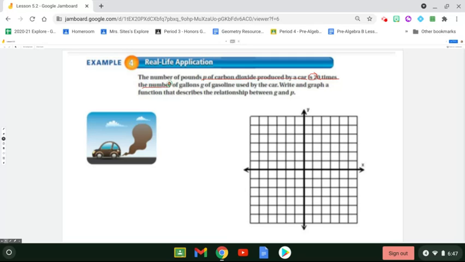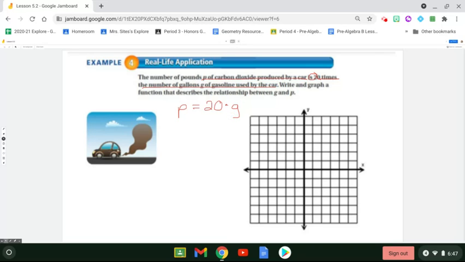Okay, so here's what I see so far, just going in order. The number of pounds of carbon dioxide produced by the car is, so remember, is equals, 20 times the number of gallons G of gasoline used by the car.